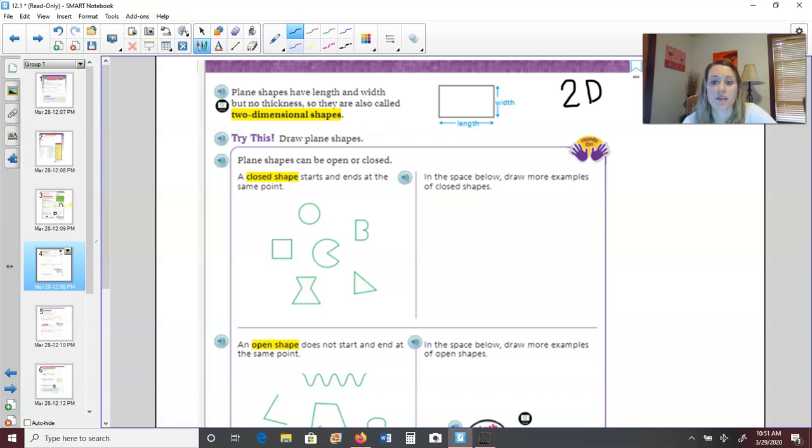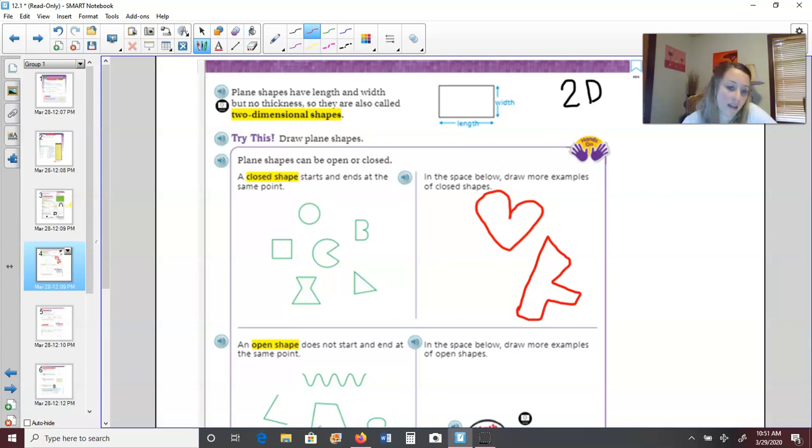So they want us to practice drawing some closed shapes. So I'm just trying to think of some shapes here that I could draw that are closed. Maybe a heart. There we go. A heart is a closed shape. We could just make any kind of shape really, as long as we have it closed and connecting.